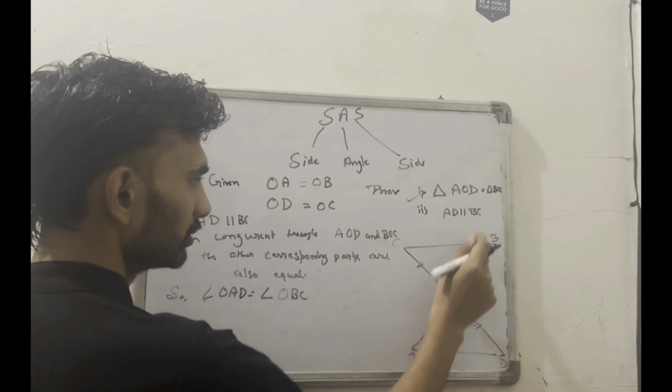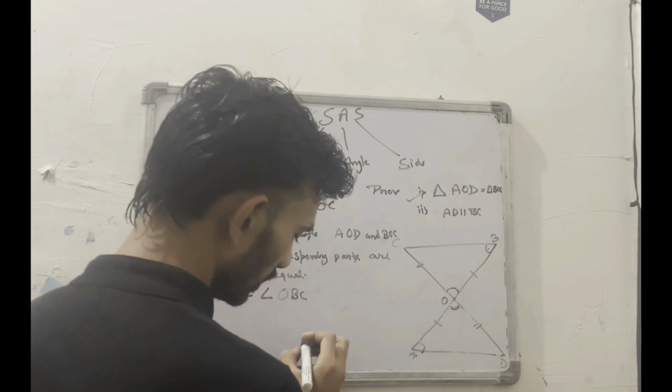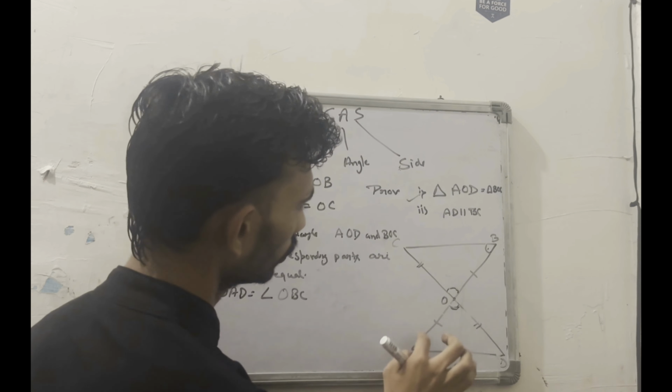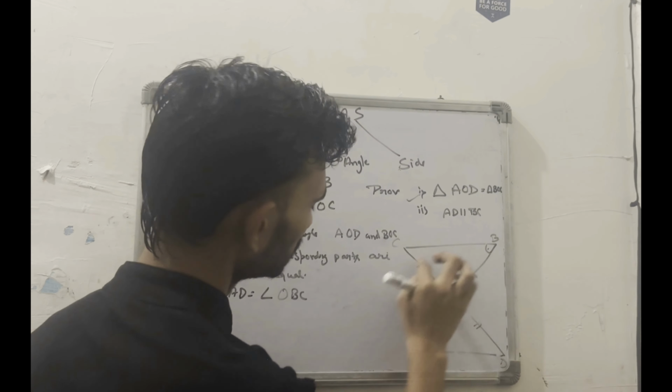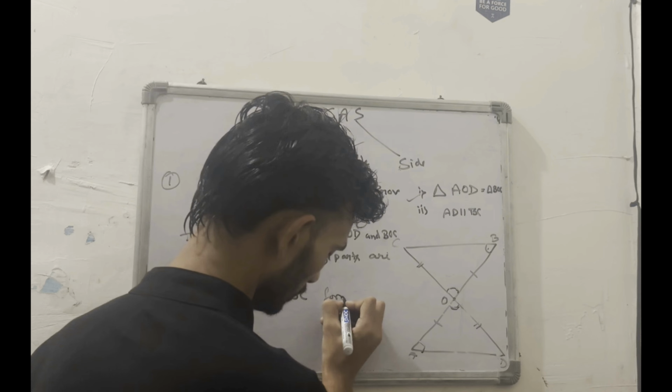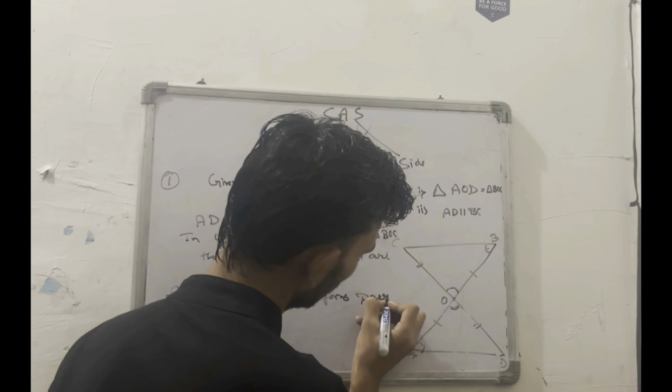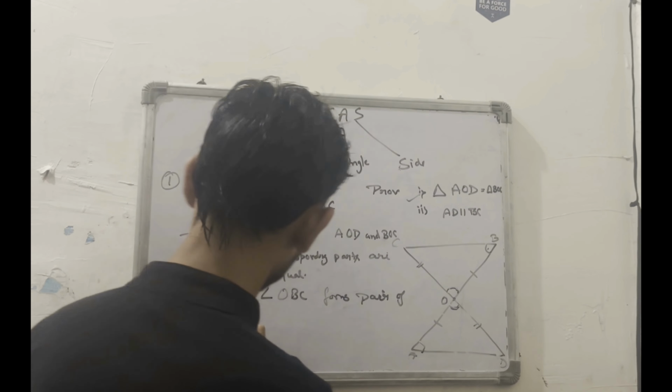Okay. Then after, angle OAD and OBC form a pair of alternate angles.